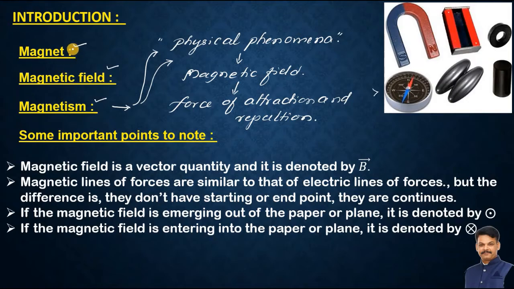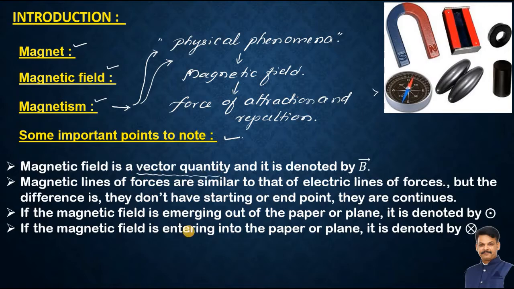So after understanding different meanings related to magnetic field and magnetism, let us focus on some very important points associated with everything we have learned. See, the very first thing is that the magnetic field found around any magnet is a vector quantity.